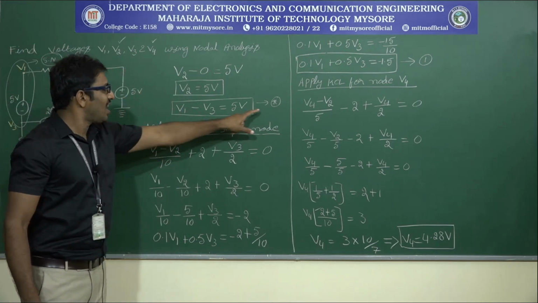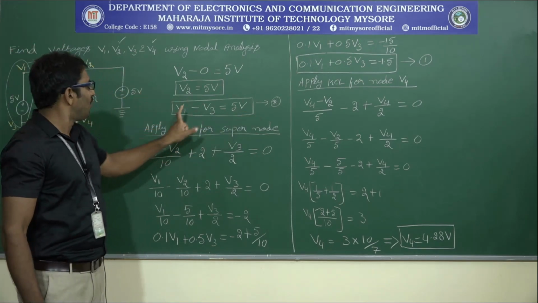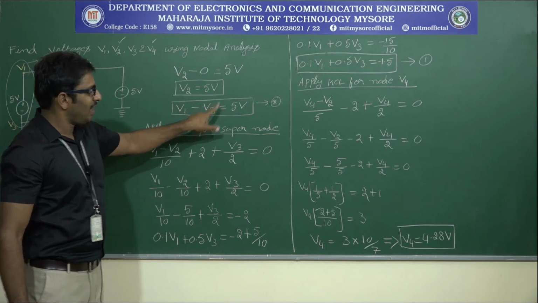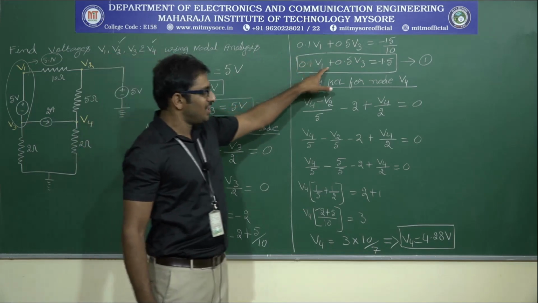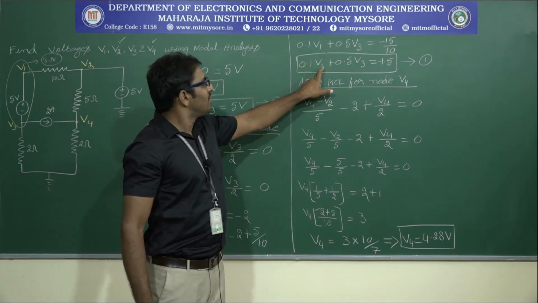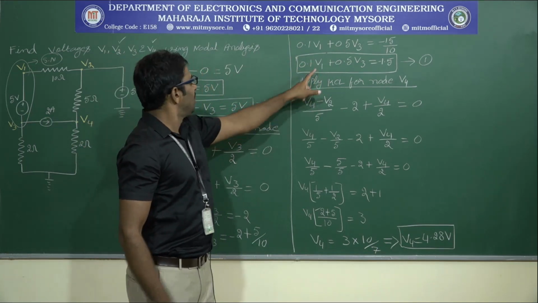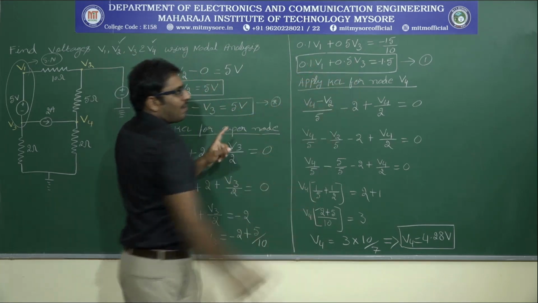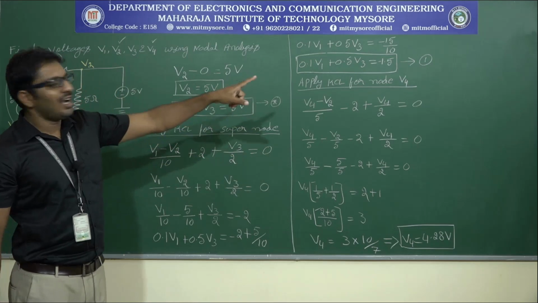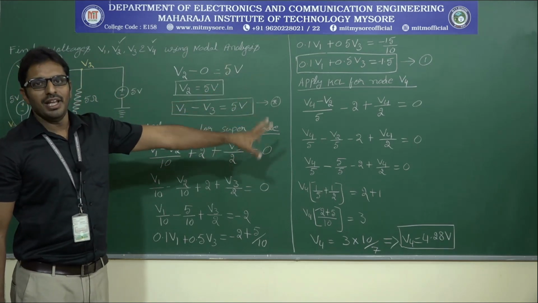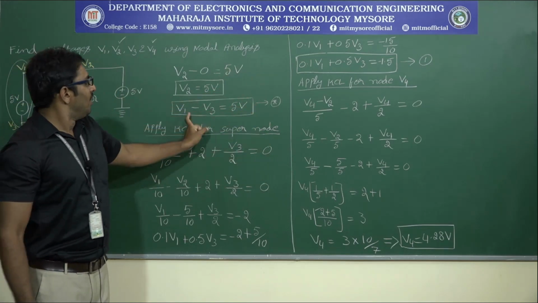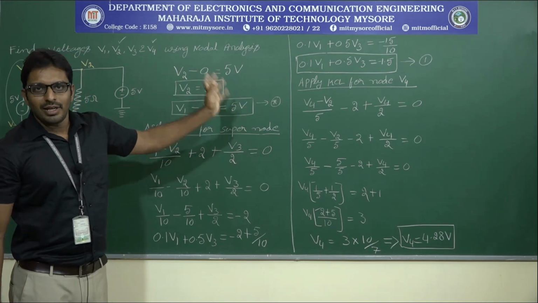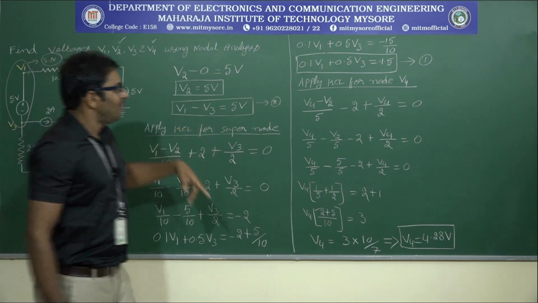See, the equation star consists of how many variables? 2 variables, V1 and V3. At the same time we have one more equation, equation number 1, which also has 2 variables, V1 and V3. By solving equation star and 1, because we have 2 equations with 2 variables V1 and V3, directly by using your calculator you can get the values for V1 and V3.